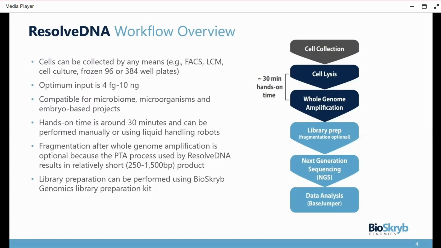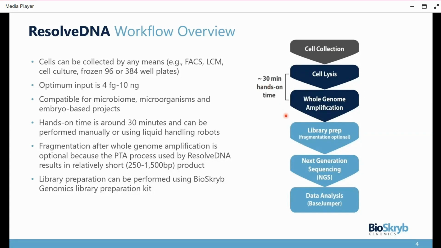Once those cells are in those 96 or 384 well plates, there are two simple steps that the Resolve DNA chemistry takes care of. This is shown in dark blue on the right-hand side of the slide. The first is the cell lysis step, and the second is the whole genome amplification step. These two critical steps take just 30 minutes hands-on time.